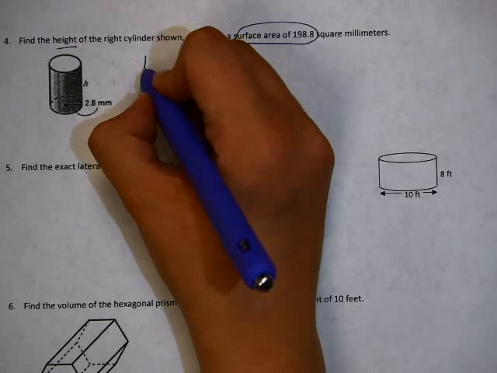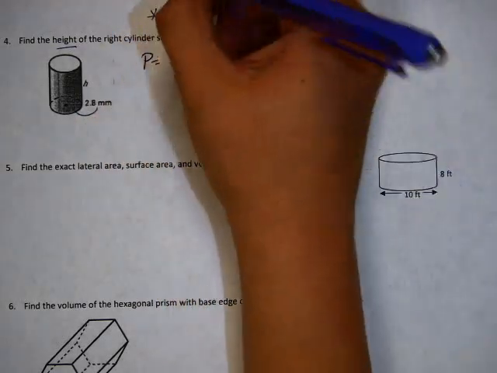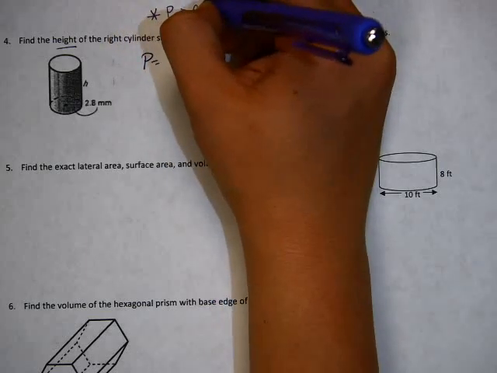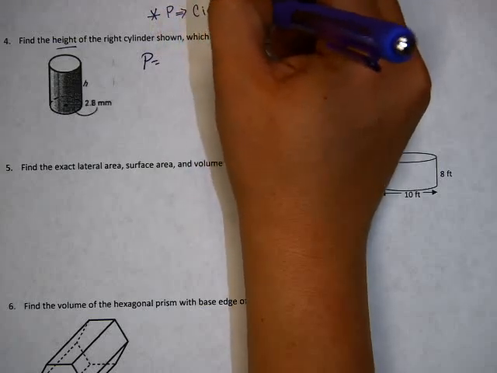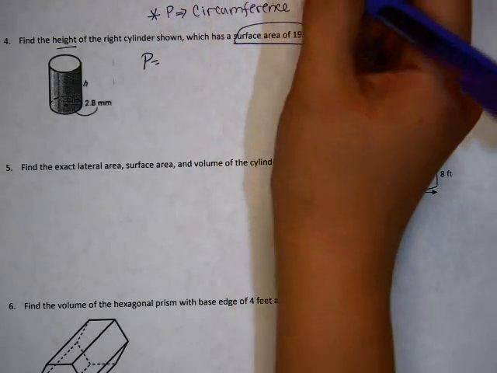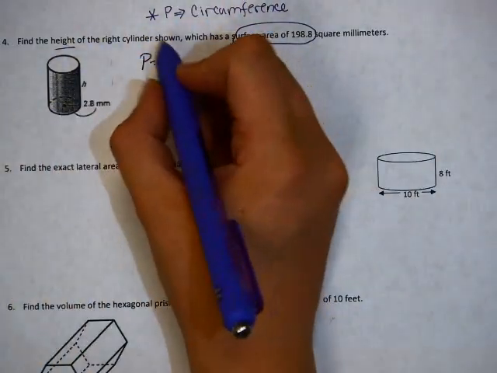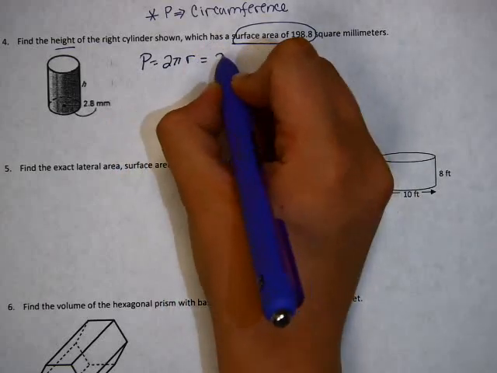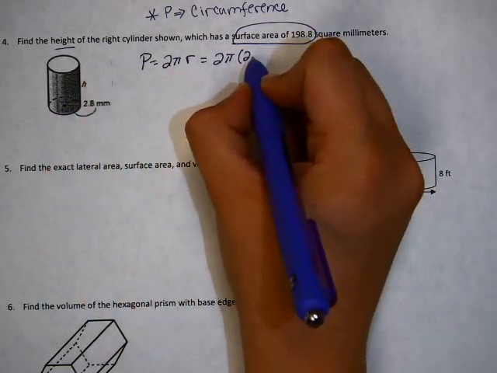Okay, so the perimeter, again, you guys, because it's a cylinder, the perimeter is really the circumference, because we are working with a base that is a circle.